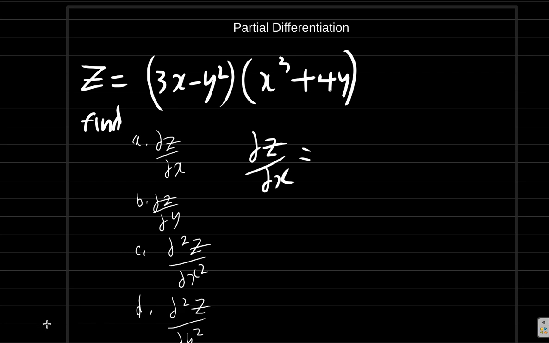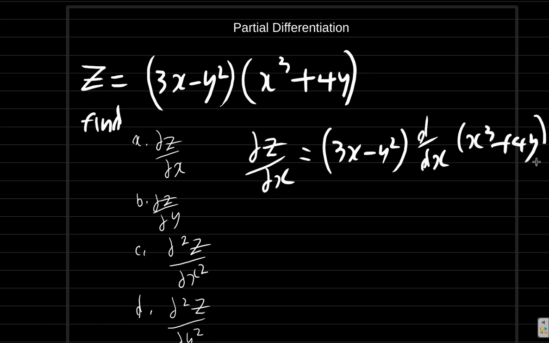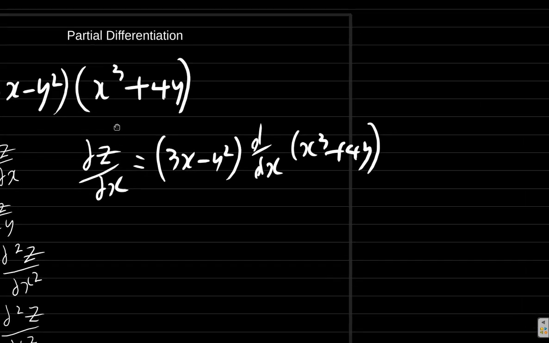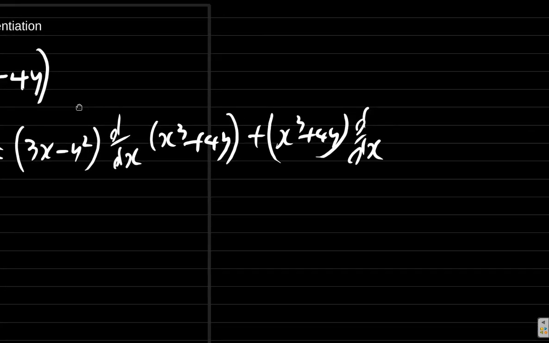So here you will hold 3x minus y squared as it is times the derivative with respect to x of x cubed plus 4y, plus, then you hold the x cubed plus 4y as it is and multiply by the derivative with respect to x of 3x minus y squared.